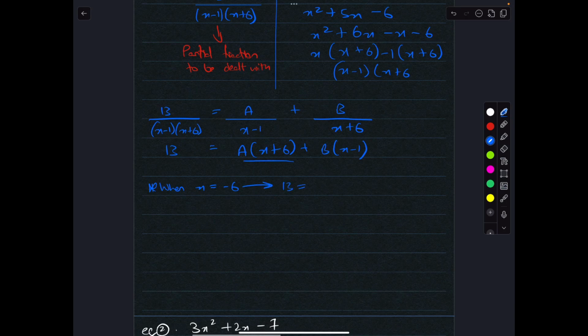So I'll be left with 13 is equal to minus 7B, and B turns out to be minus 13 over 7. Now when x is equal to 1, it becomes 0B, that is, it cancels off this one. So I have 13 is equal to 7A, and A turns out to be 13 over 7.